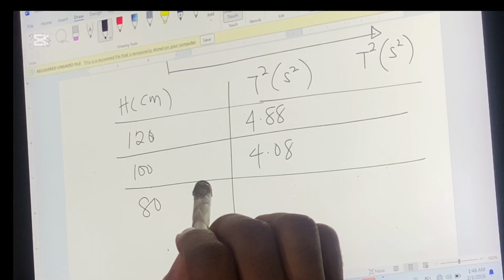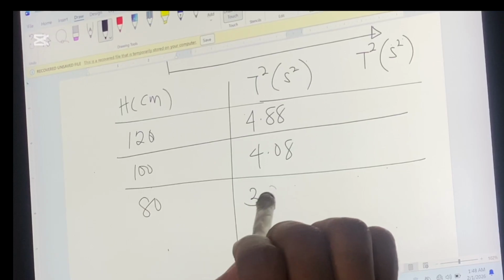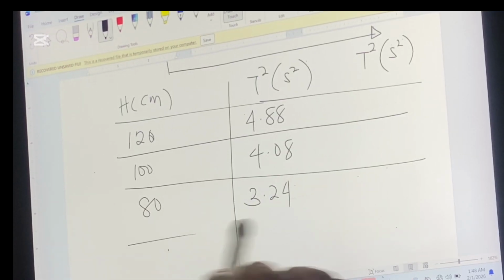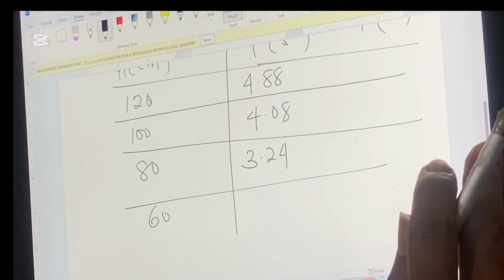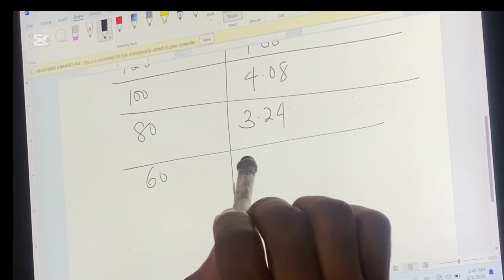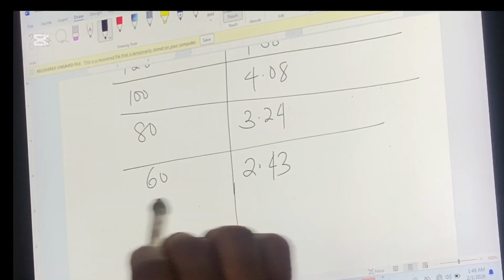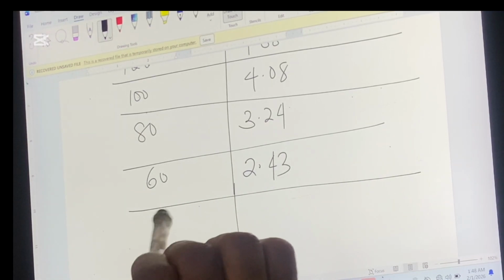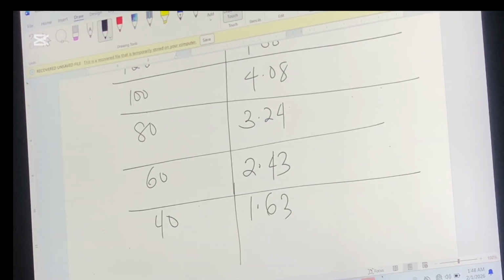The corresponding value in T square is 3.24. The next is 60. The corresponding value is 2.43. The next value is 40. The corresponding value is 1.63.